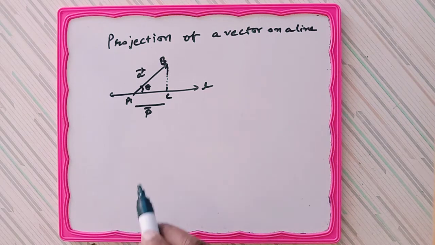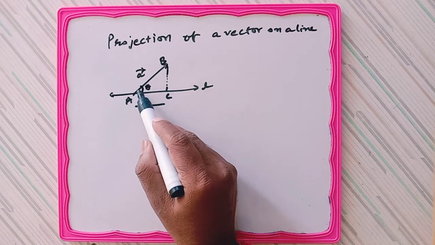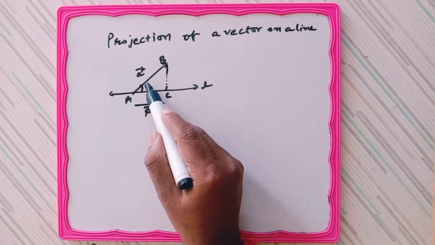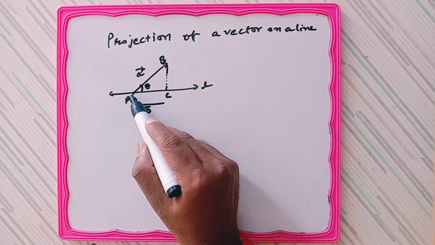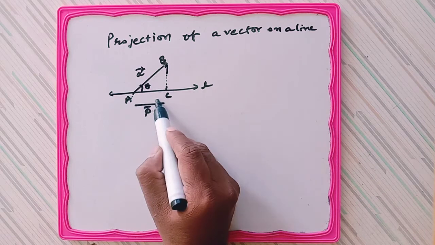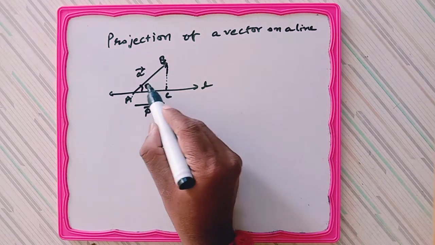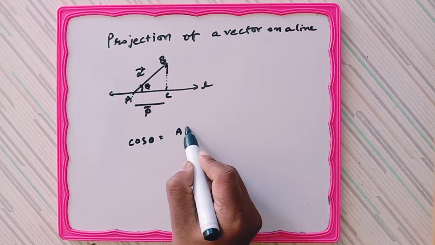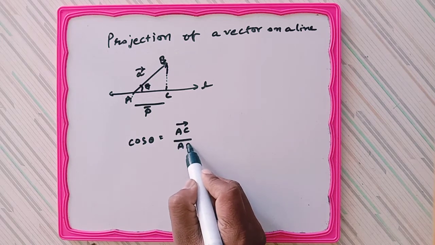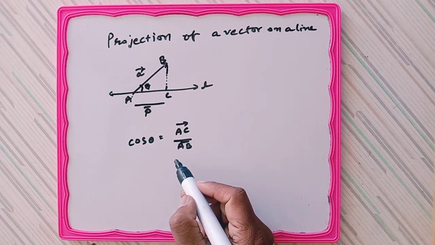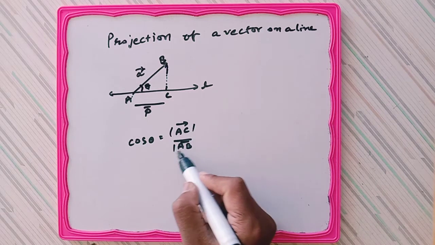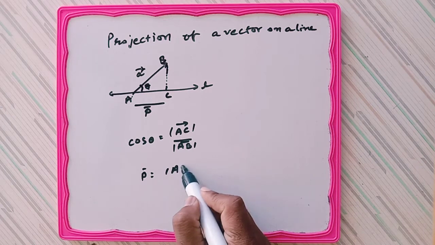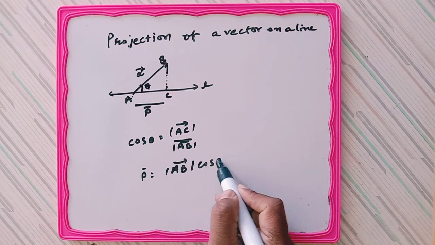And so vector AB makes an angle theta with a given directed line, in the anti-clockwise direction. Then we can say that the projection of AB on N will be vector P. Here this angle theta is there, so cos theta we can take as AC by AB, that is magnitude AC by magnitude AB, and so projection P bar we can get as magnitude AB cos theta.